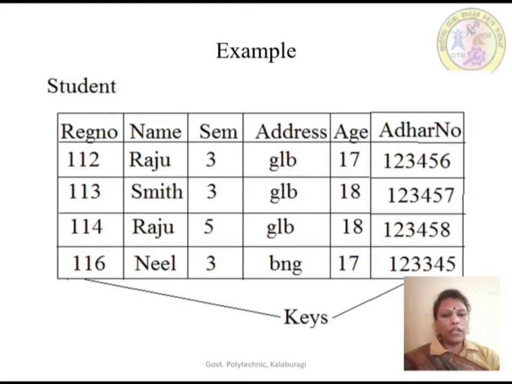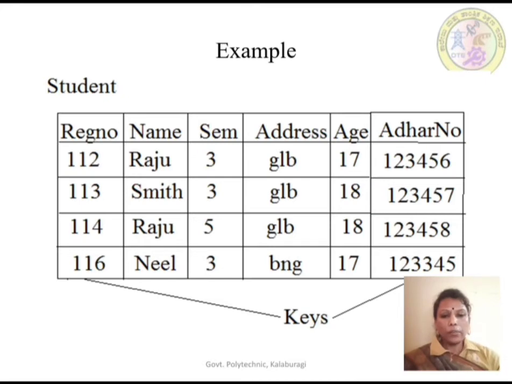For example, in our class, a student named Raju has topped the class. If Raju has topped the class, then I want to know the address of Raju. If I go and see this table, I will see two addresses for Raju. One is Gulbarga for the first record and another for the third record.